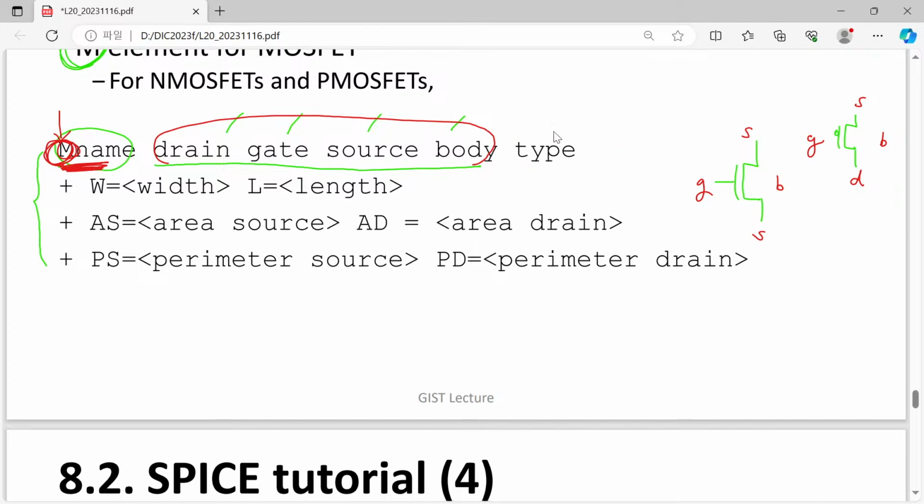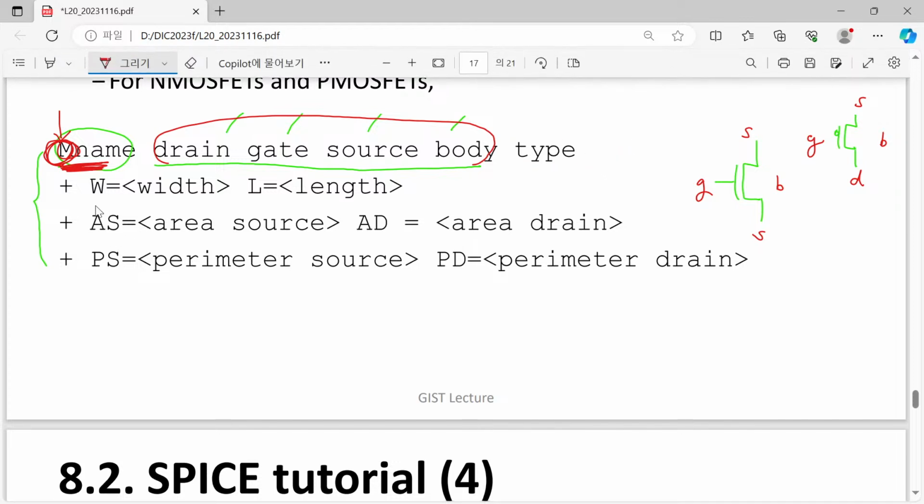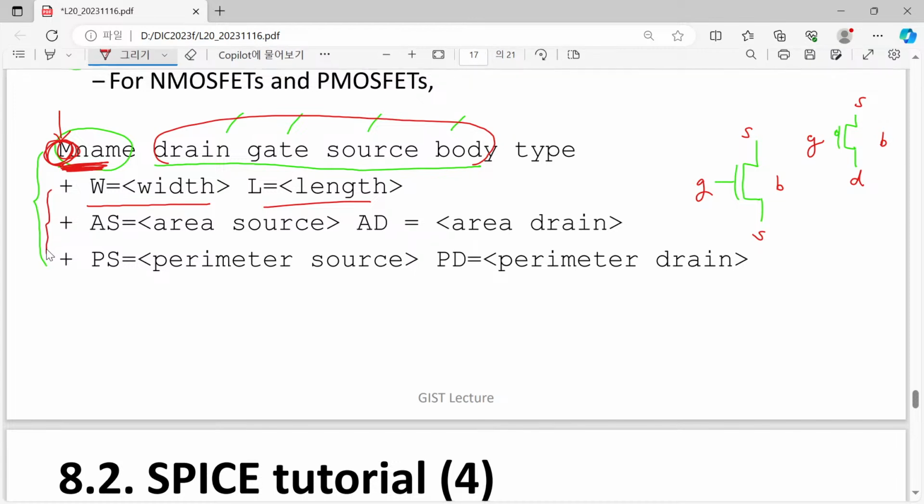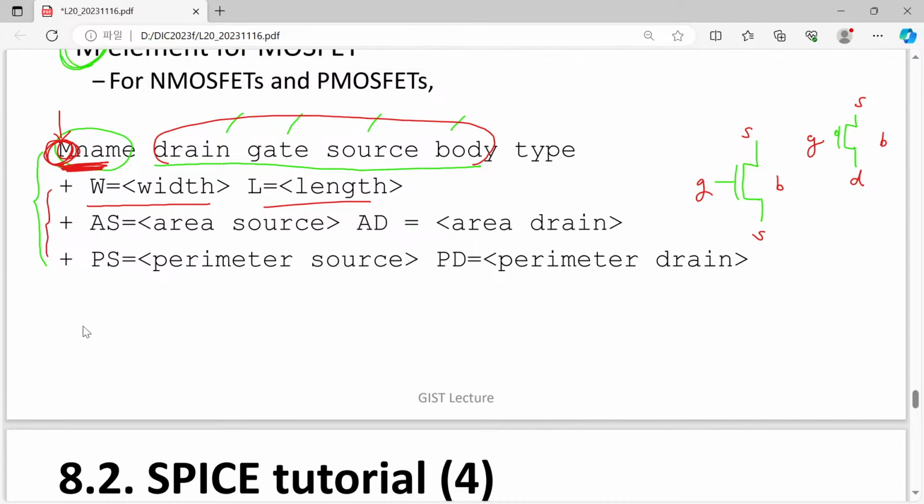Otherwise, here you have width and length and area perimeter. Although here we have just a short line, actually in our actual model we have really several parameters. So how many parameters?